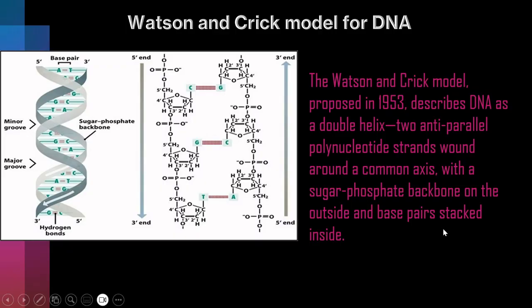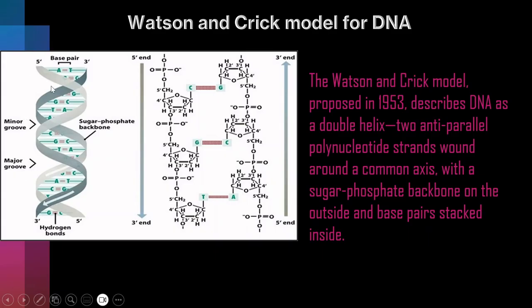Watson and Crick model for DNA. This is the most famous model explaining the structure of DNA. It was proposed by Watson and Crick in 1953, and as we know, they proposed it as a double helix structure like this. That means it consists of 2 deoxyribonucleotide strands.